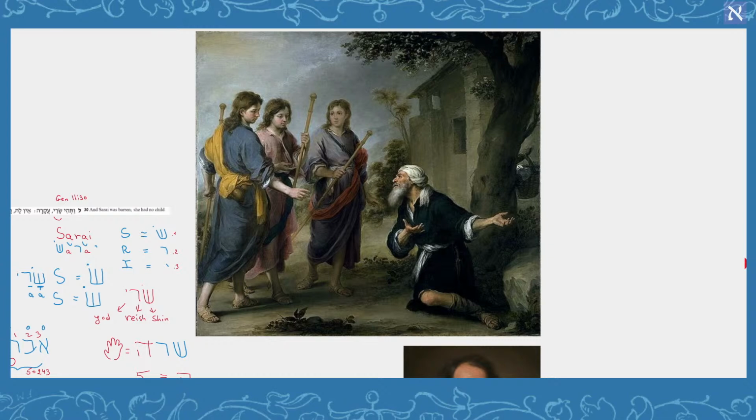In this painting, we can see Abraham asking the three angels to let him wash their feet. He is in the 3rd day after the circumcision, and he kindly asks them to stay with him, to be his guests.